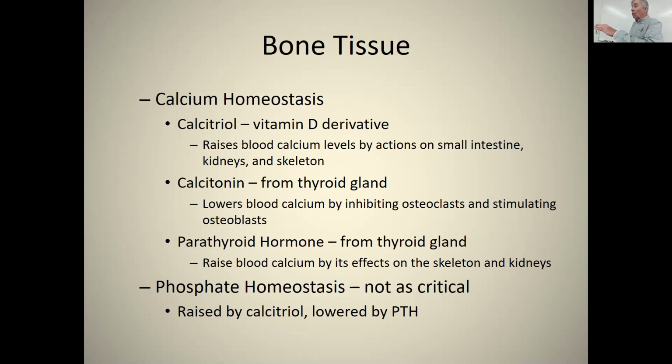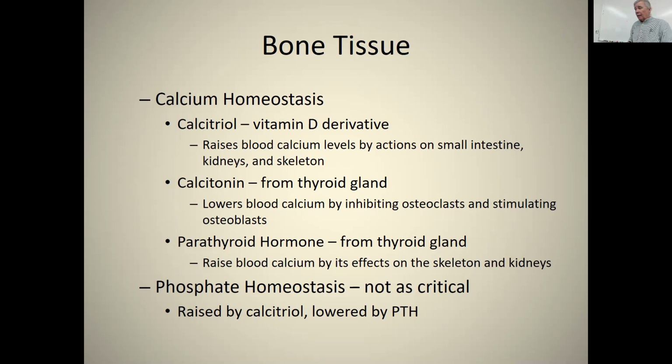Calcitonin from the thyroid gland lowers blood calcium by inhibiting osteoclasts and stimulating osteoblasts. It's thought that hormone doesn't work too much in adults, but it's still there. Parathyroid hormone from the parathyroid gland raises blood calcium by its effects on the skeleton and the kidneys. It will stimulate osteoclasts and stimulate reabsorption of calcium from the kidneys.